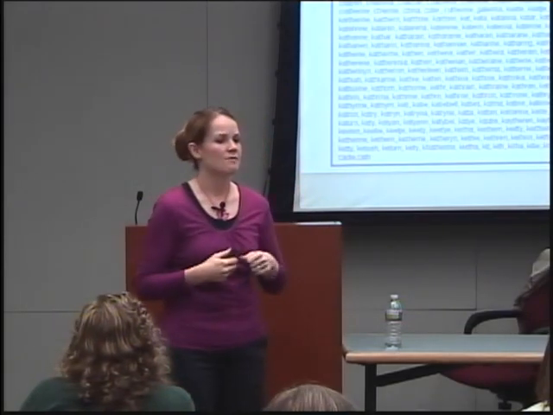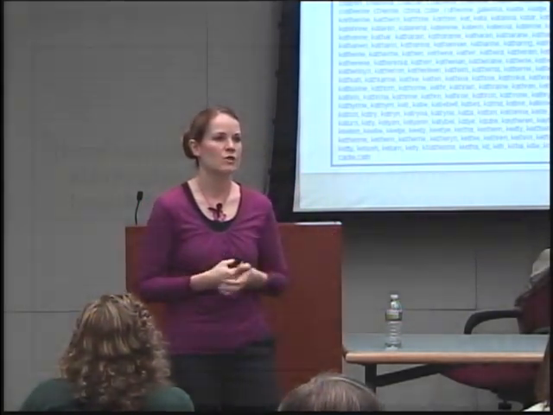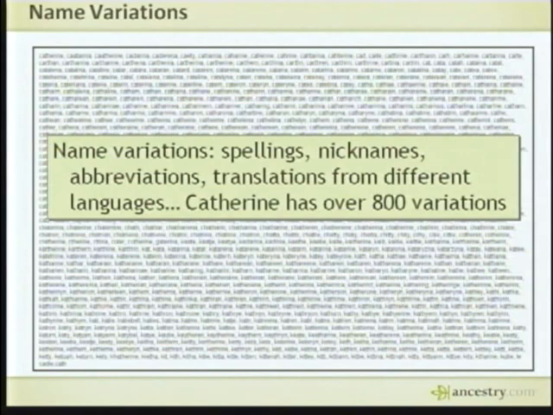So just quick on name variations. In the indexes that we've created, we have come across more than 800 variations of the name Catherine. When you do a search on Ancestry.com, by default, it is going to search for all 800 variations of these. You want a search engine that does that, because can you think of 800 name variations? If pressed, I could probably come up with 25 to 30.